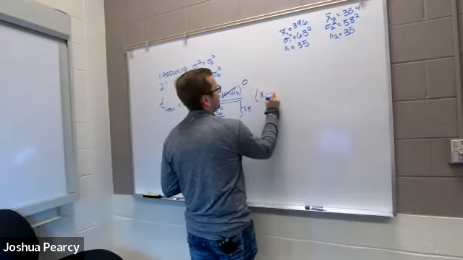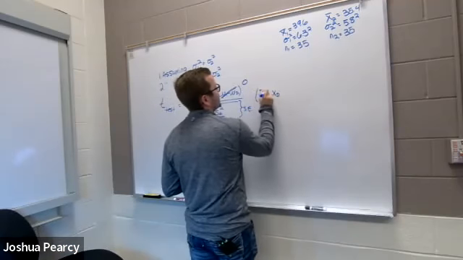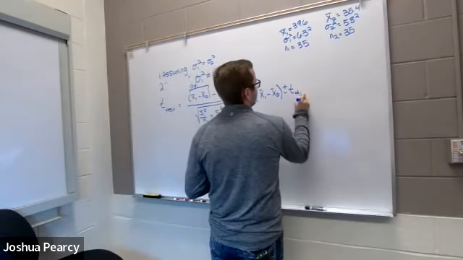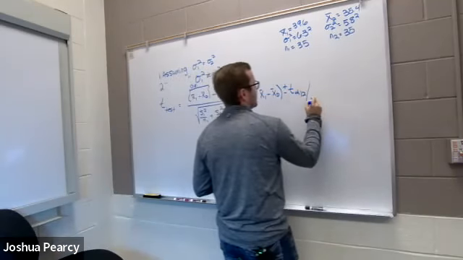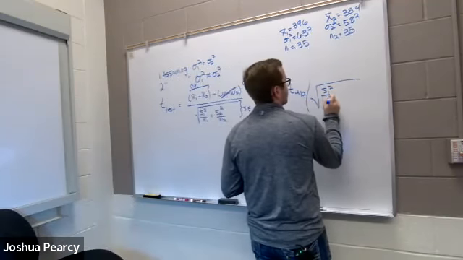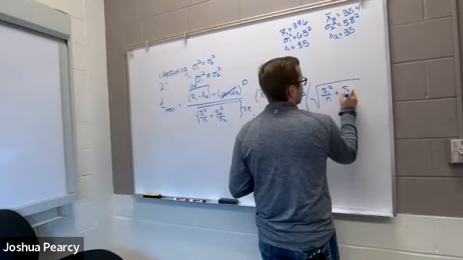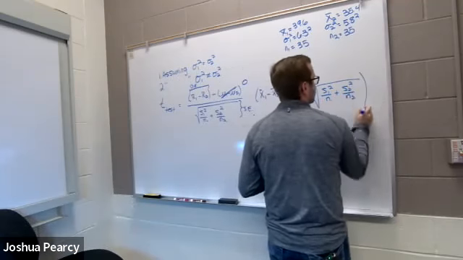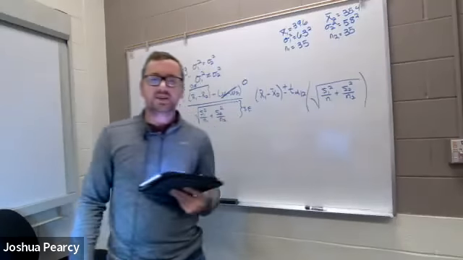So it'd be x1 bar minus x2 bar plus or minus a critical t value times the corresponding standard error, the square root of s1 squared over n1 plus s2 squared over n2. That's the confidence interval.